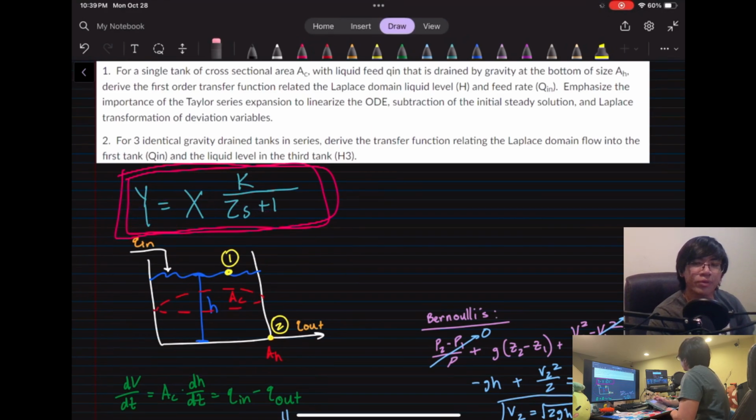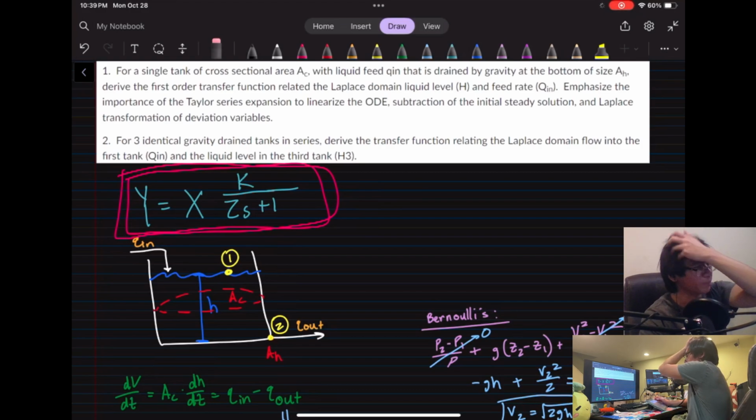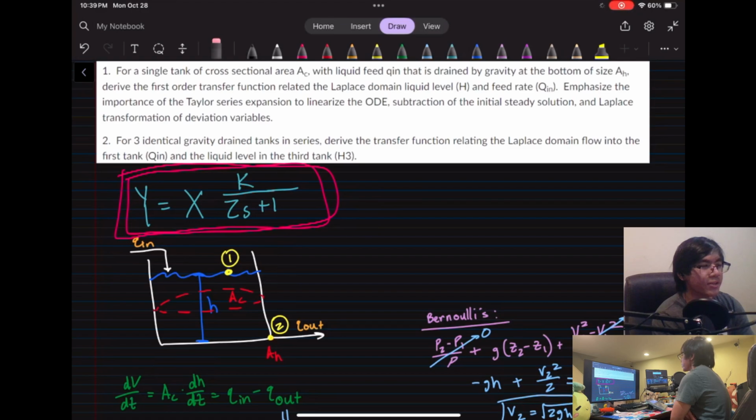What I mentioned earlier with this whole idea of the first order transfer function is that when we get it in this type of expression in the Laplace domain with our inputs and outputs, if we want to relate those, if it's in series, like it is for this video in the problem statement, we'll be multiplying those algebraic expressions together. And parallel, again, may or may not be done in the future. That will be adding those expressions.